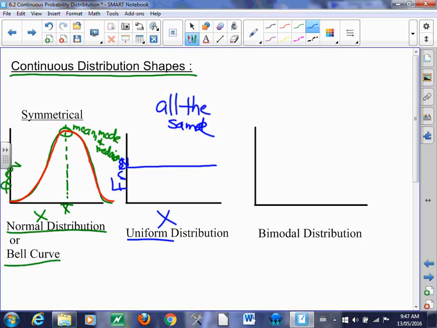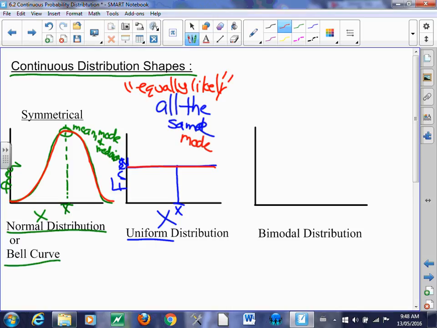So you're going to see a horizontal line. The mean is in the middle, and they all have the same probabilities, that's why they all have the same frequency and the same mode. They're all equally likely. So that's a term to make sure you know: equally likely.